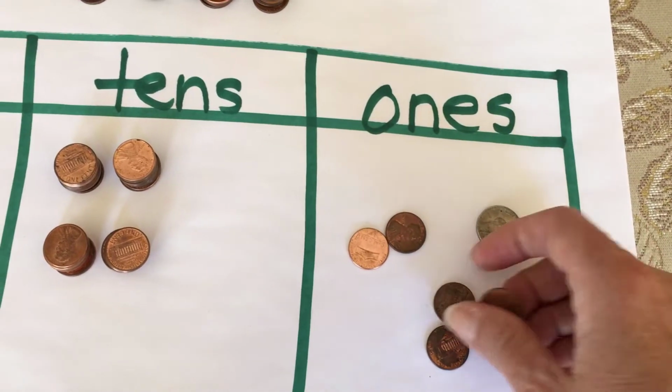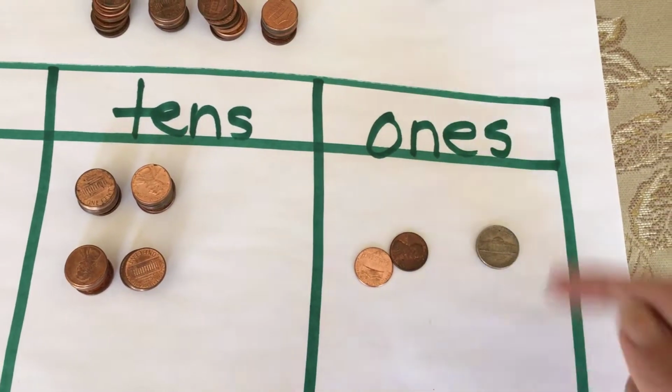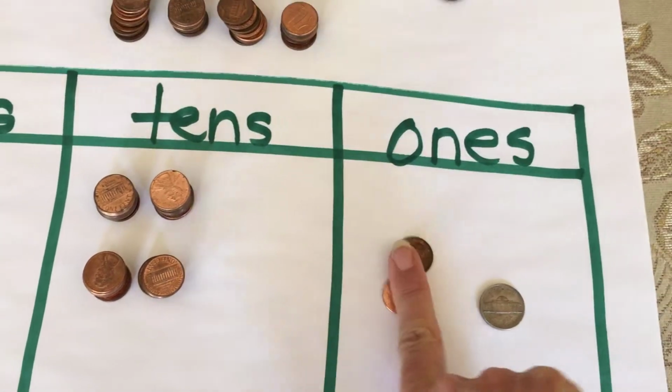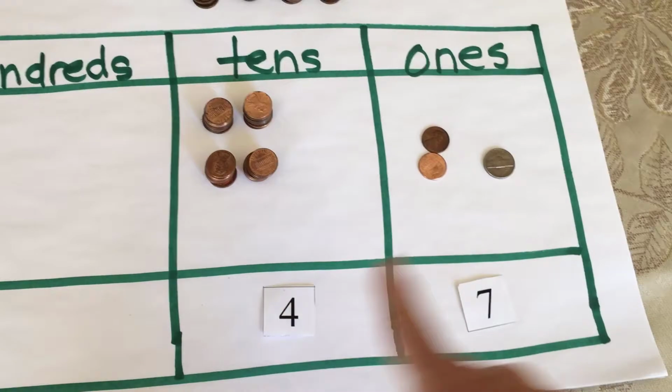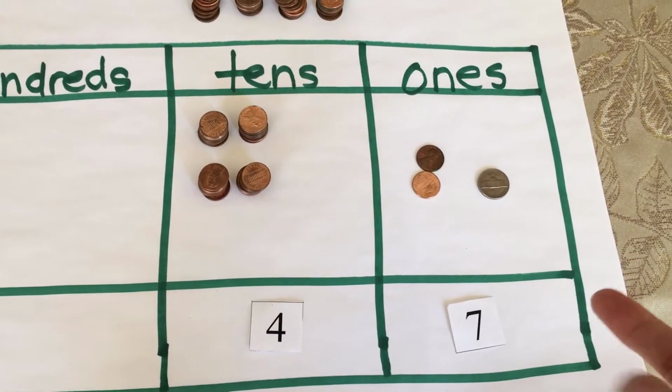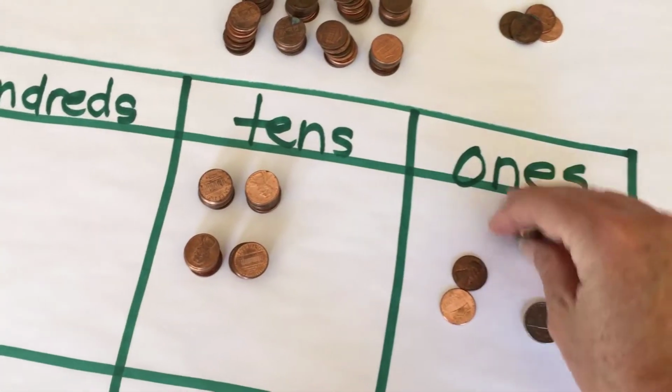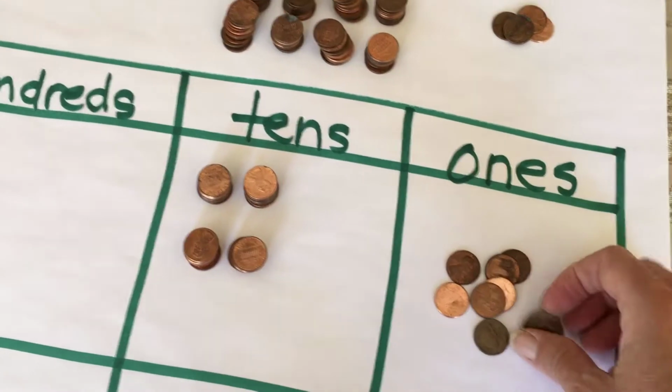Here they're learning how 1 coin could have a value equal to a number of other coins. So that is still 47 cents. I'm going to go ahead and trade this back.